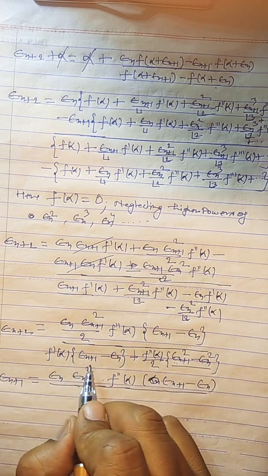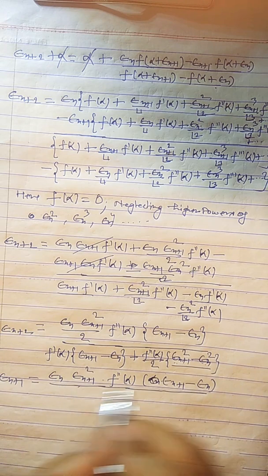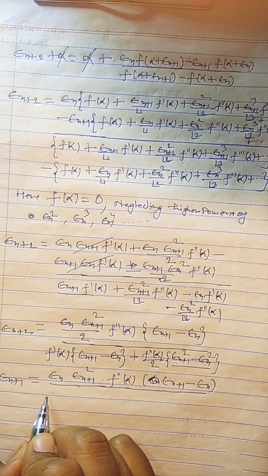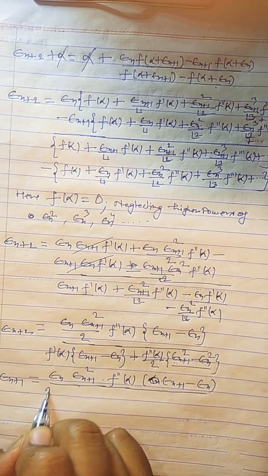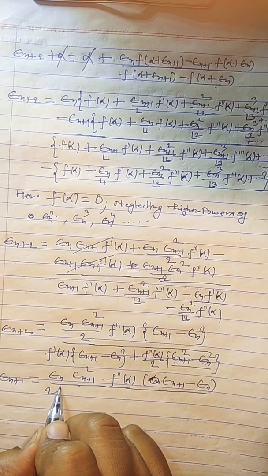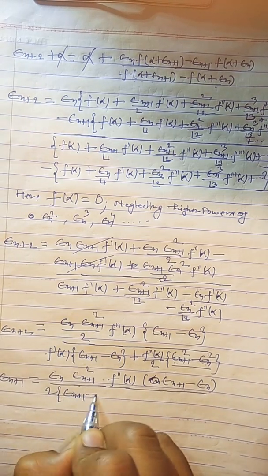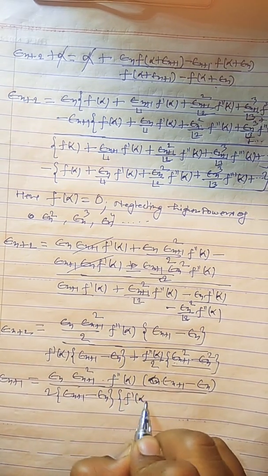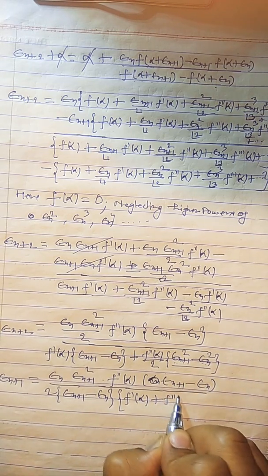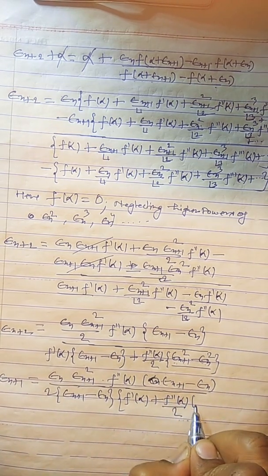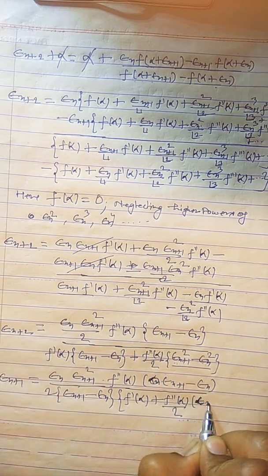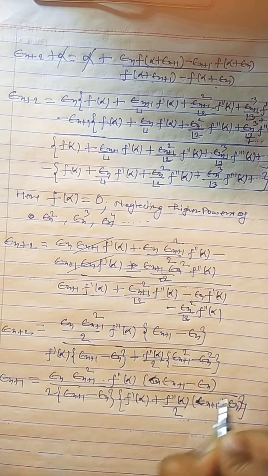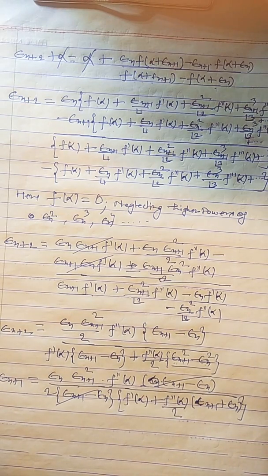We can take this out as it is the common term, outside of this bracket. Okay, what we have here, we have 2, this 2 we write here, and the common term is epsilon n plus 1 minus epsilon n, and inside the bracket we have f dash alpha plus f double dash alpha upon 2, and here epsilon n plus 1 plus epsilon n. Now these two are cancelled out again.